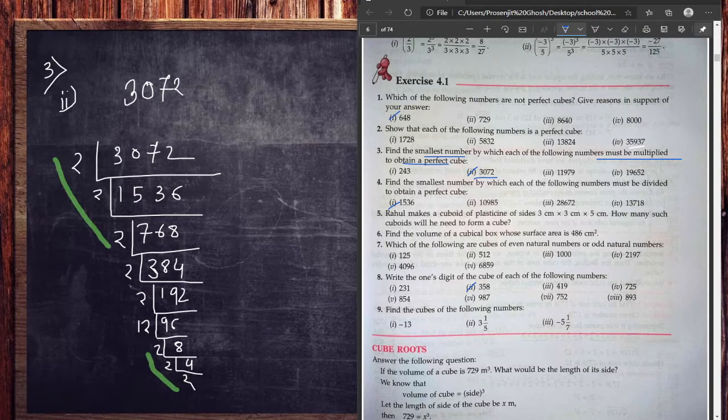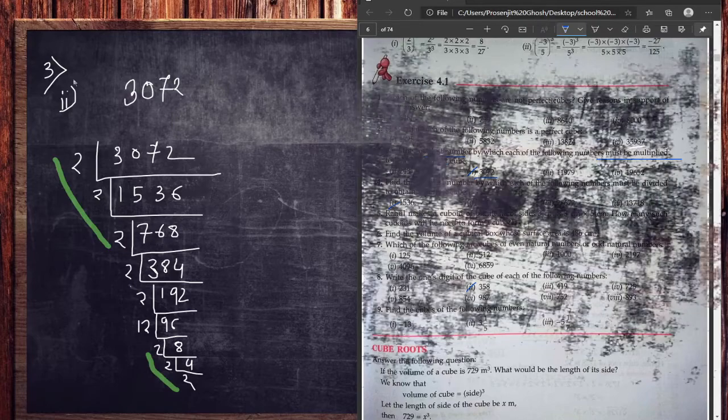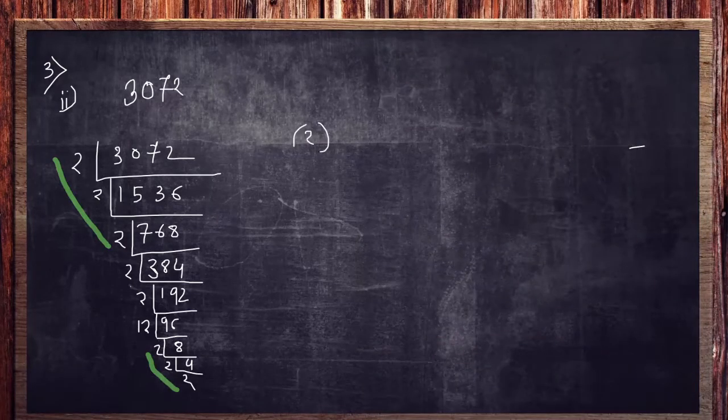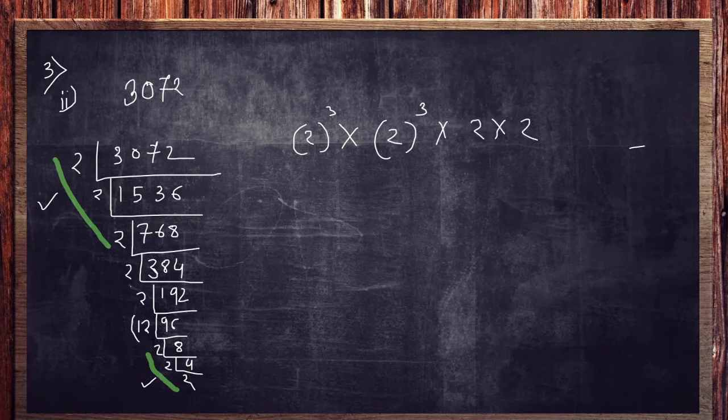So let me write it separately from here. Wait a minute, let me hide this one. So we got the first 2 cube from this one, and from this we got another 2 cube. Finally, 2 into 2. Let me write it like that. Also another 12 is there. So 12, that means what? That means 2 into 6.